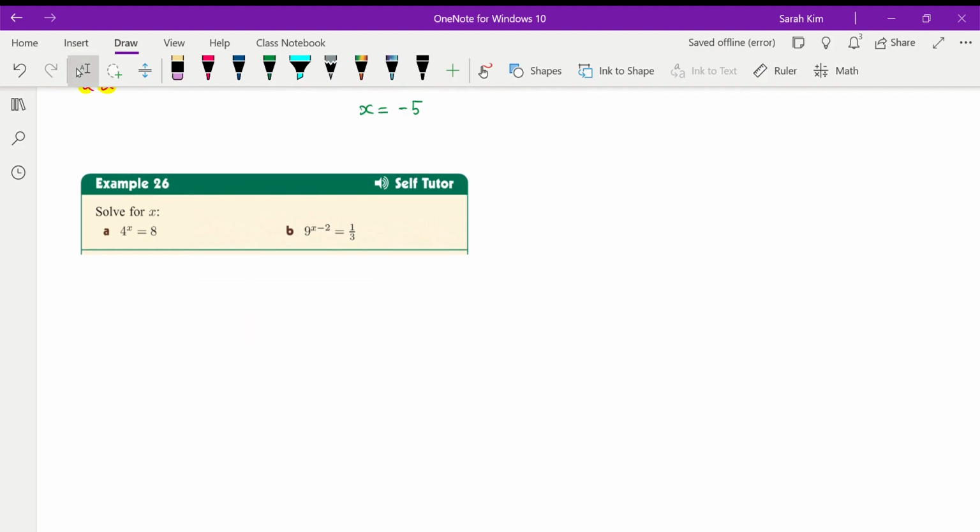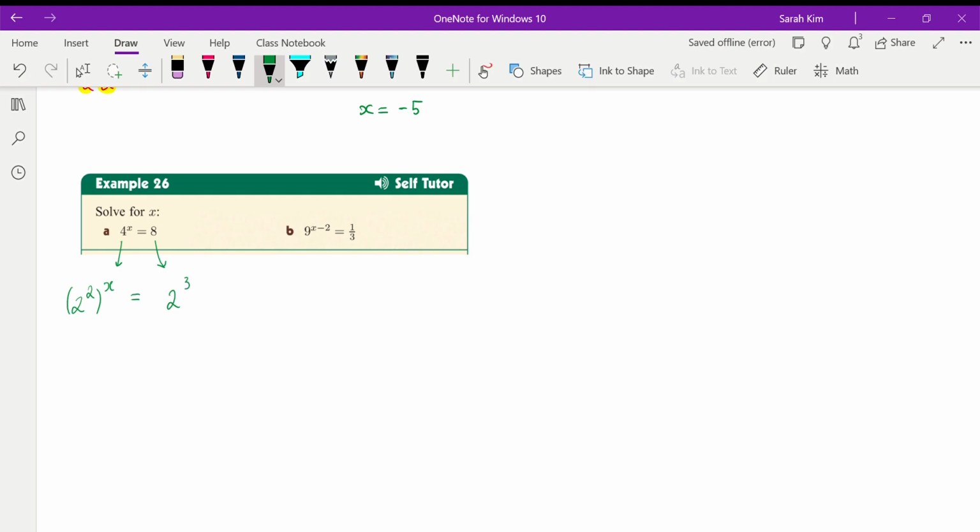Let's have a look at this one. For this one, you need to manipulate both sides of the equation. Let's do a first. 4 can be written as 2 to the power of 2. So it'll be 2 to the power of 2 to the power of x. 8 can be written as 2 to the power of 3. So we can equate it like so.